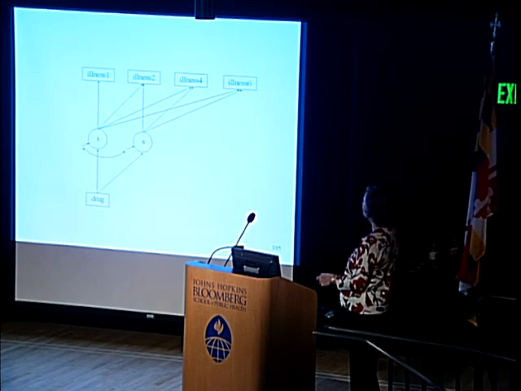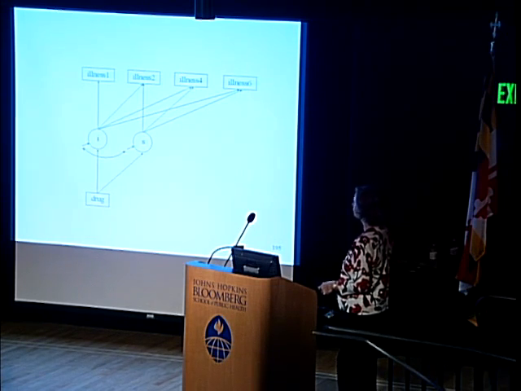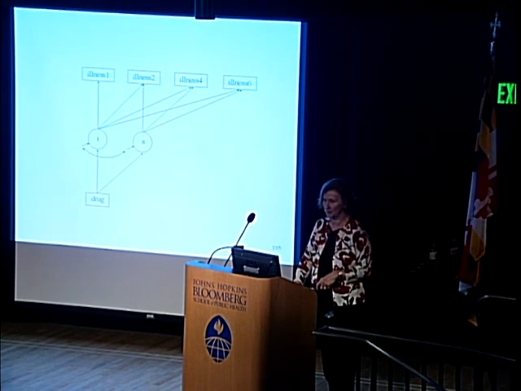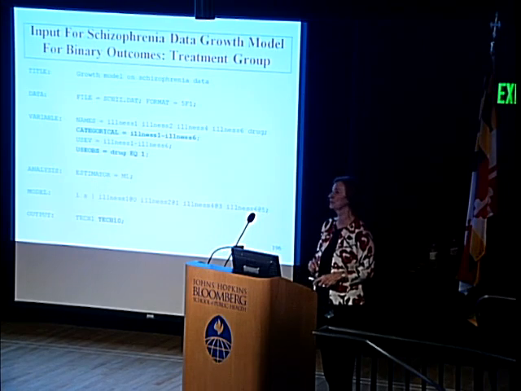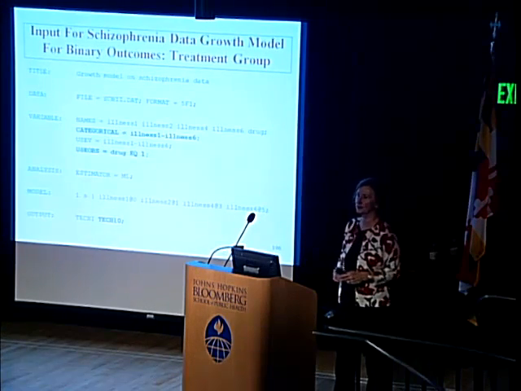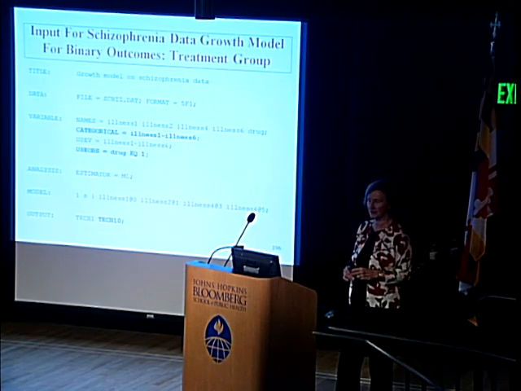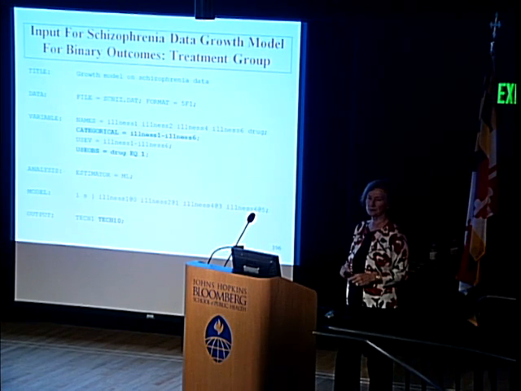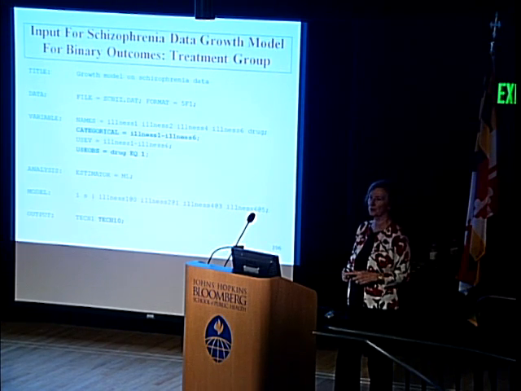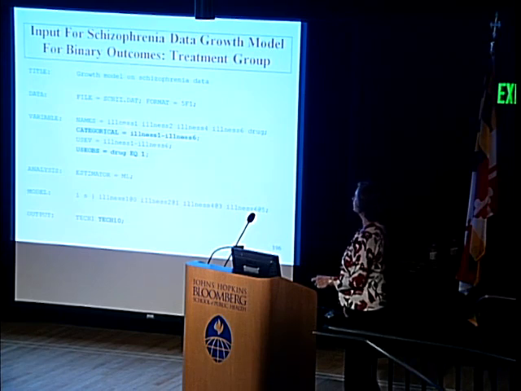We have the same model we've seen all along, I and S, and we regress them on drug. So nothing new other than the fact that the dependent variable is now categorical, and instead of talking about values, we're talking about probabilities.